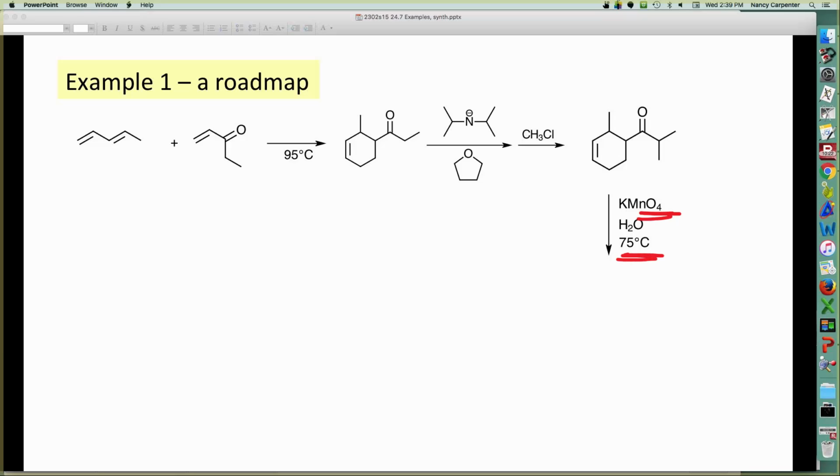And I see that it's being warmed up. I know that my pi electrons are vulnerable to oxidation. In fact, they are definitely vulnerable to being chopped in two. So I would say, under these strongly oxidizing conditions, I am making a dicarboxylic acid.